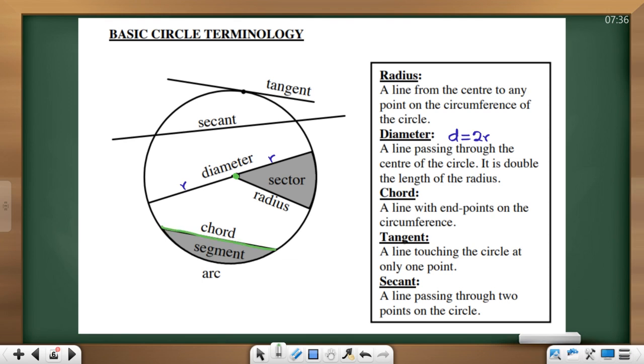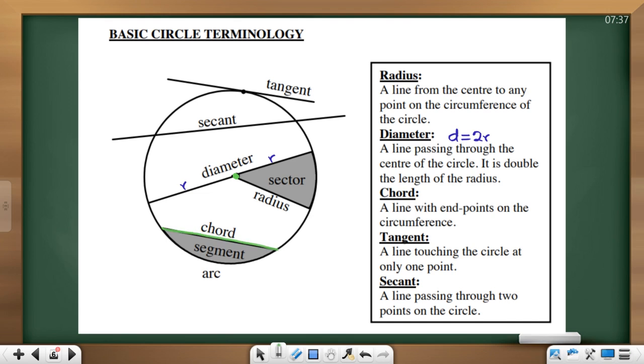A line with end points on the circumference, which is similar to a diameter. But what is the difference? This chord does not pass through the center. The diameter is a chord that passes through the center. That's the difference. If it passes through the center, it is called a diameter. Otherwise, it is called a chord.